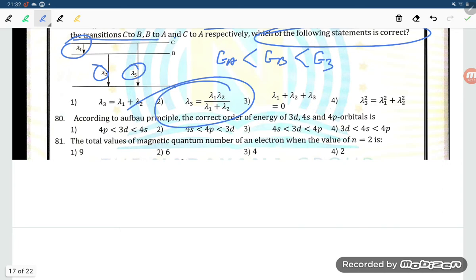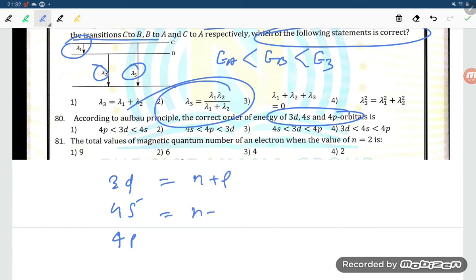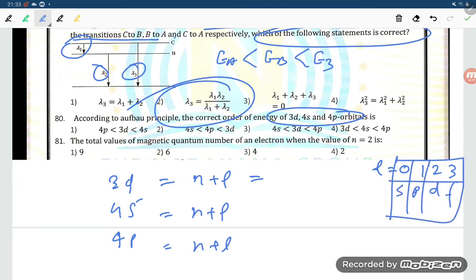According to the above principle, the correct order of energy: 3d, 4s and 4p. Calculate the n plus l value for all three. For s, p, d, f the l values are 0, 1, 2, 3; by this table we can calculate the l value.